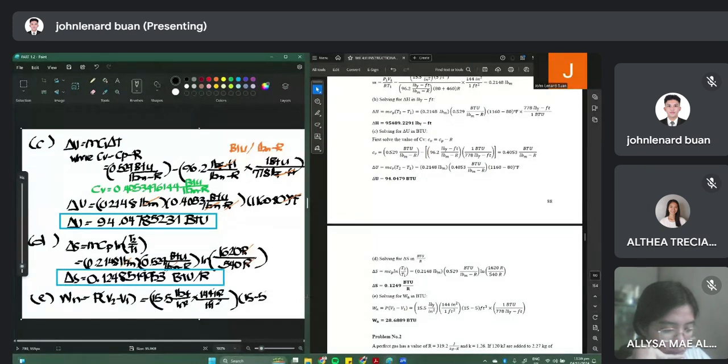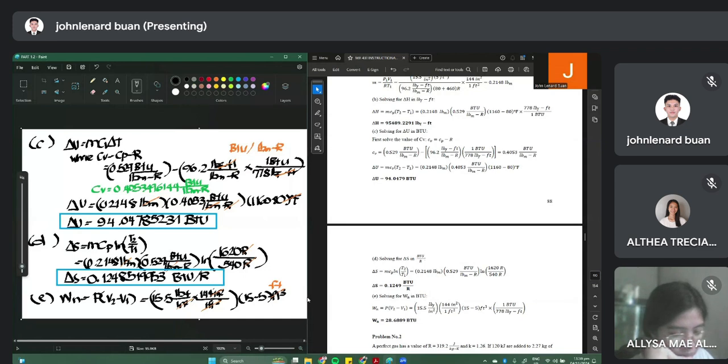Cubic feet. So I think we do the unit analysis first. Cubic feet times pounds per square foot, so the resulting value will be in pound force feet.